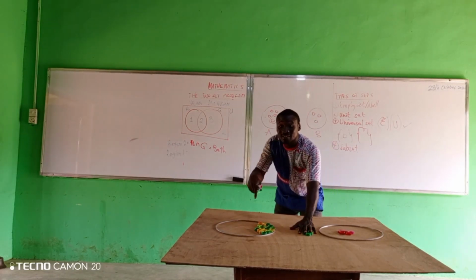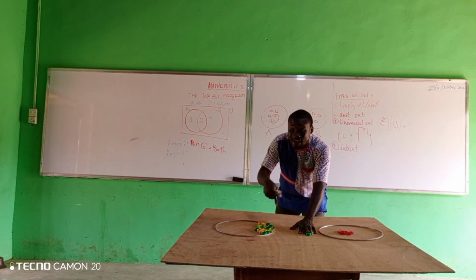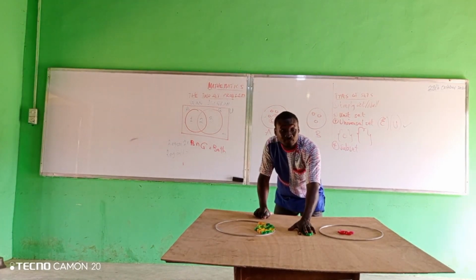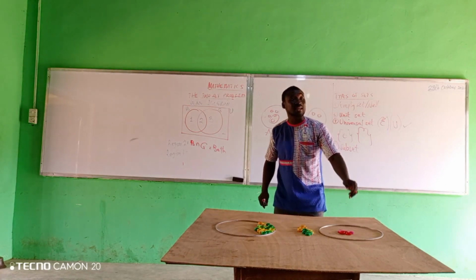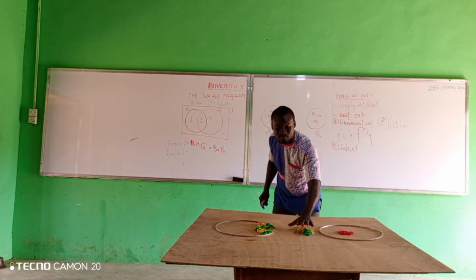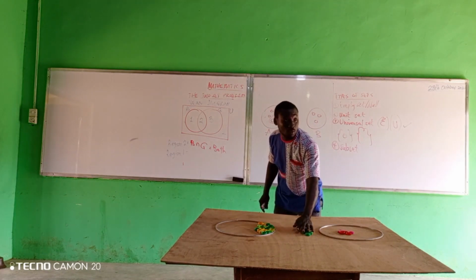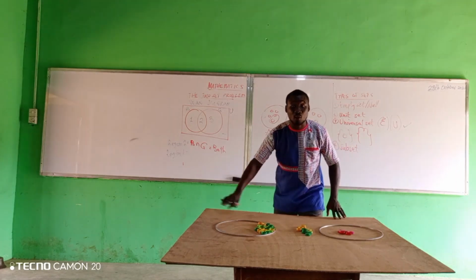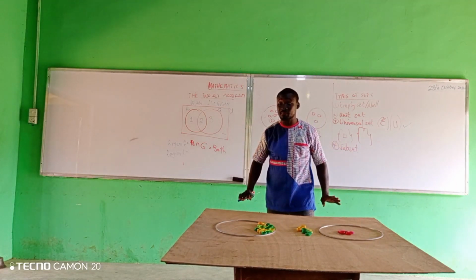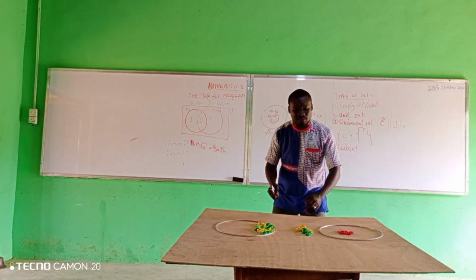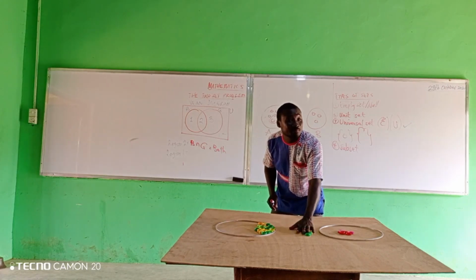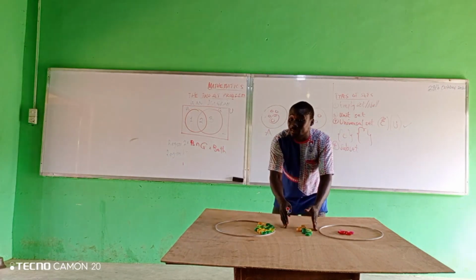We have some girls in this class who learn science and maths. After, we have some girls and boys that learn maths and science. They will come in the middle.